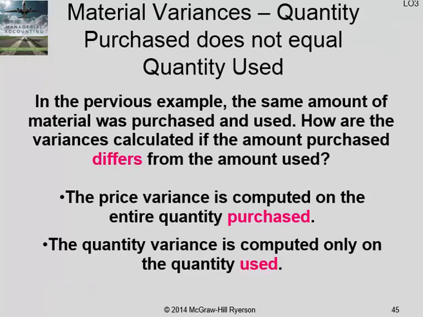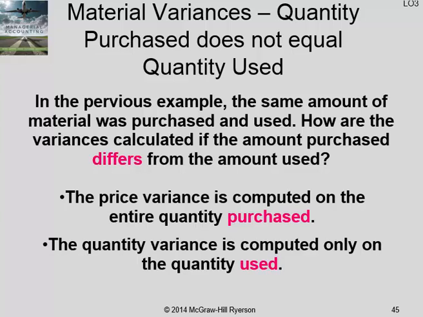Okay, so what we're going to look at now is one slight nuance to do with direct materials, and that is what happens when you buy quantity X, which goes into your raw materials inventory, but you don't use the exact same quantity in production.